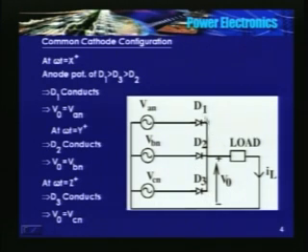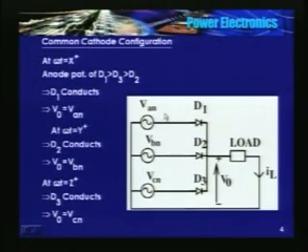So voltage across the diode for 120 degrees is VAN minus VBN, and for the remaining 120 degrees it is VAN minus VCN.